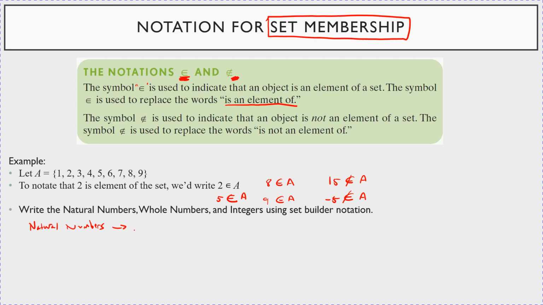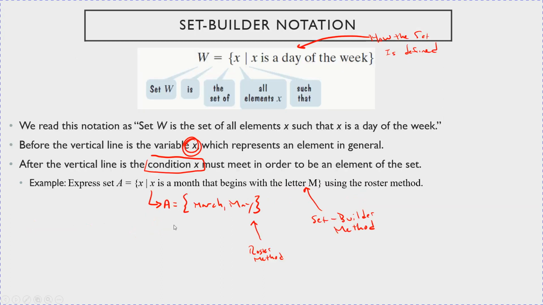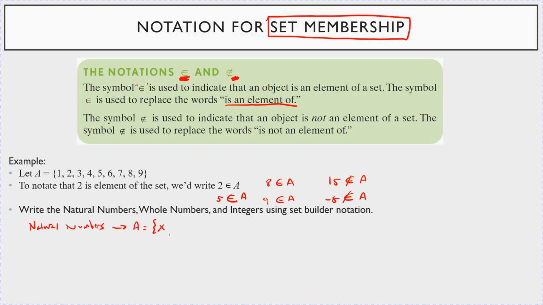Let's say A is equal to the set of all elements x, such that x is an element of the natural numbers, and that's where we use that N again. That's indeed the natural numbers right there.